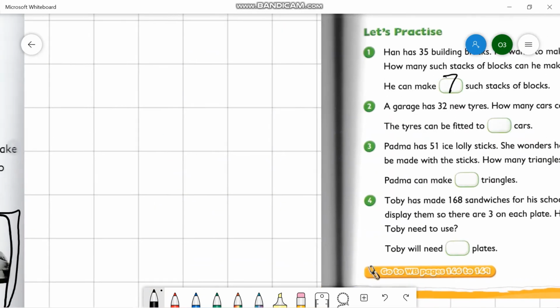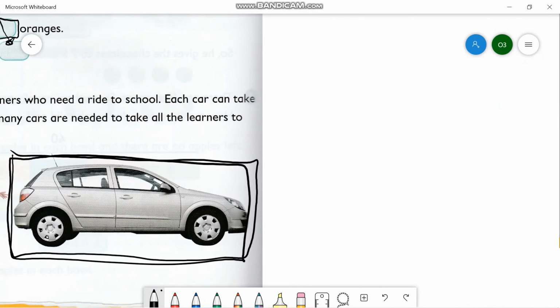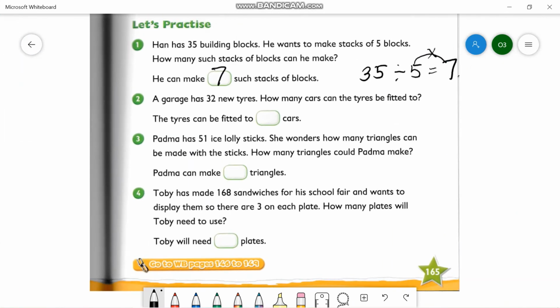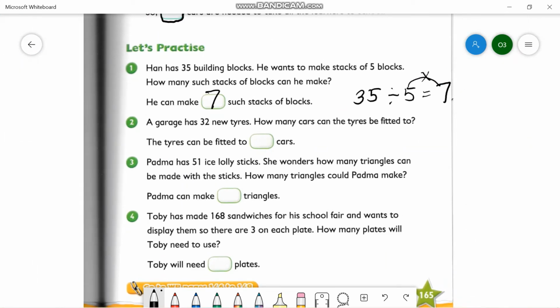As you can see in this picture, here in front we have 2 and on the other side we have 2. So there are 4 tires in each car, okay? So what we're going to do is we're going to divide 32 by 4. 32 divided by 4. Okay, and then write your answer here. Okay, so let's go now to number 3.